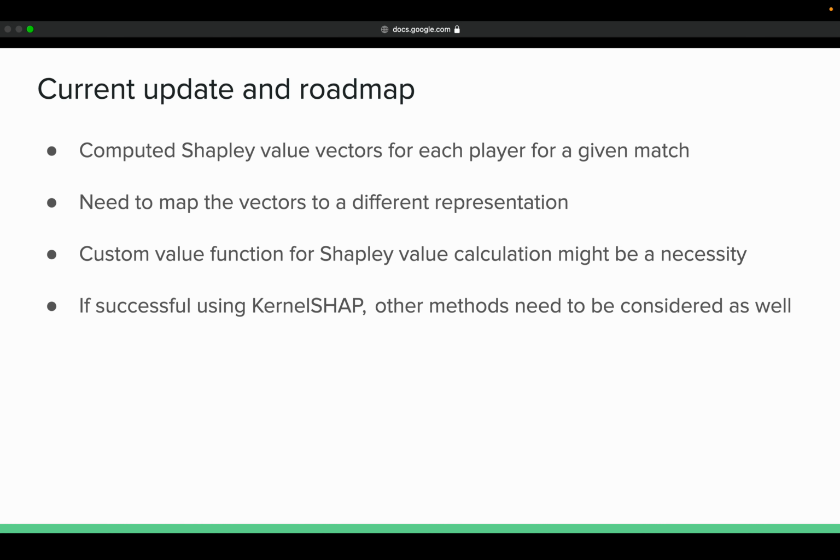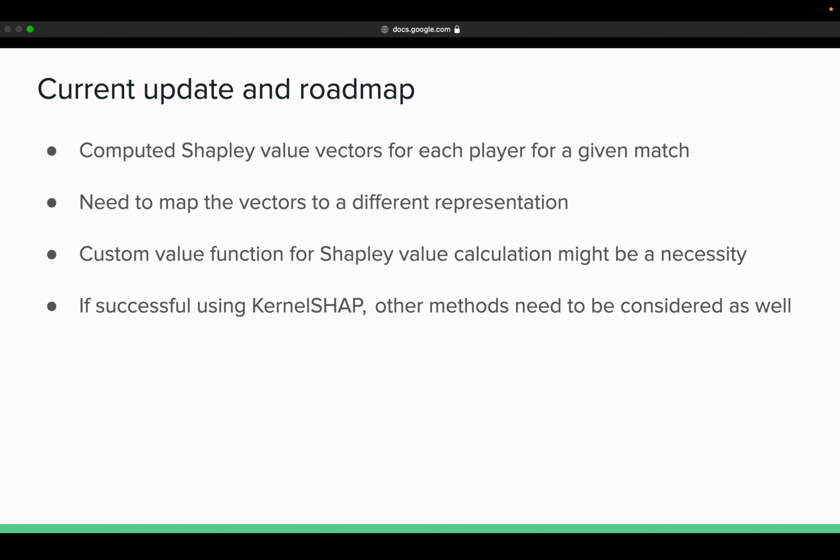So probably a summation or some sort of mapping to represent the entire thing in terms of a player. It could also come down to looking at custom value functions for the computation of Shapley values. It depends on the scenario, but let's see where the project goes.